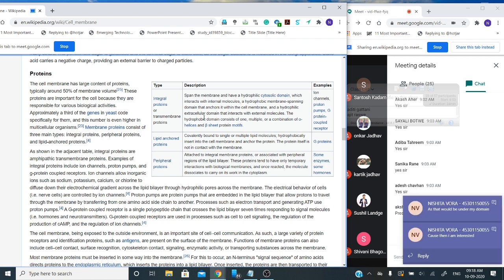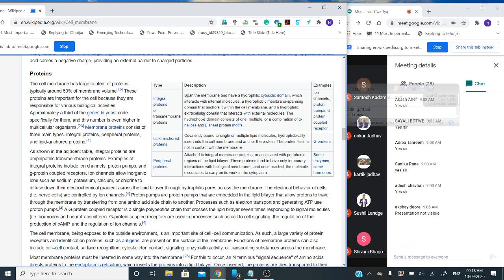Now if we attach sugar, then we call them glycoproteins. If lipid is attached, lipoproteins are there. So these three important proteins are there. Let us have a brief discussion about them.